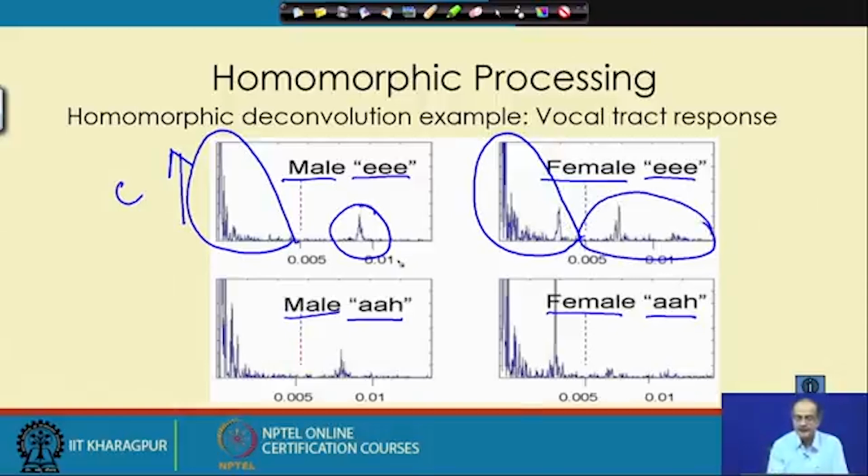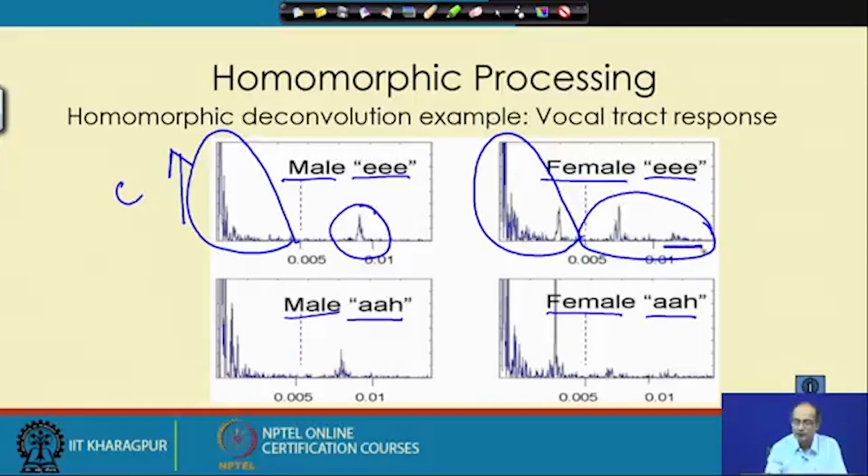Now, when we compare these two, the male speaker and the female speaker, for the same utterance, the two transfer functions have some similarity, but more difference is there in the excitation part, and we see that more high frequency components are there for the female speaker.